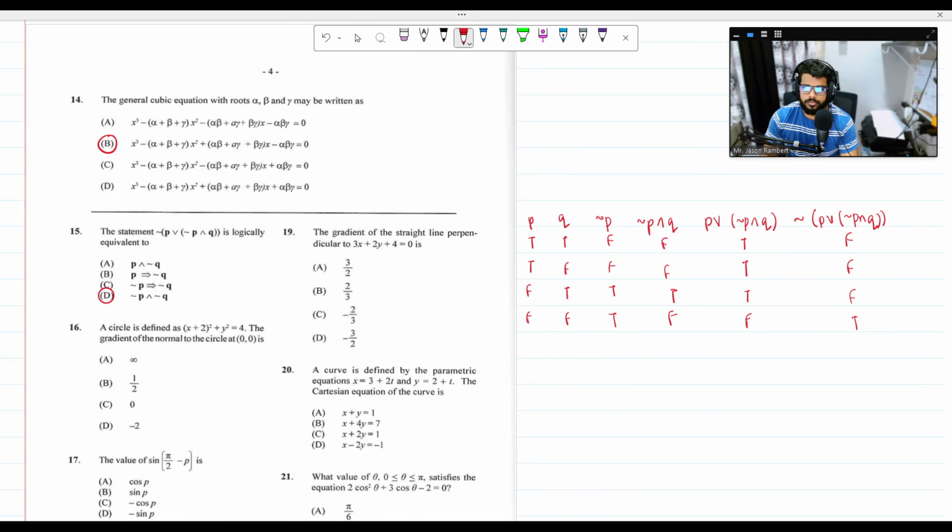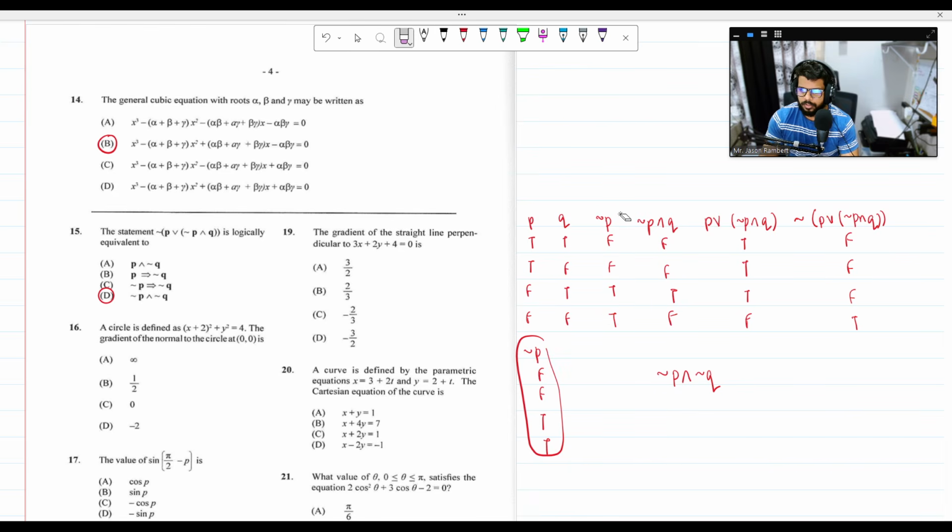And what I'm going to do for questions like this, you're going to test each of the options by creating a truth table for them and seeing which one gives us false, false, false, true. So I'm going to show you all that not P and not Q going to give us a false, false, false, true. Not P is going to be false, false, true, true. So not P and not Q is going to be false, false, true, true.